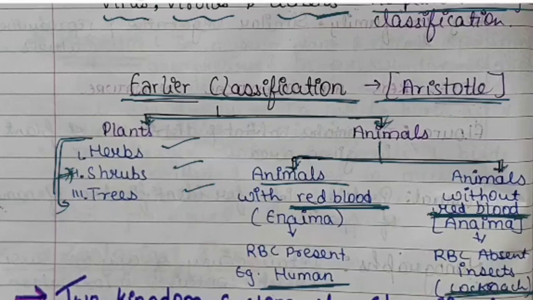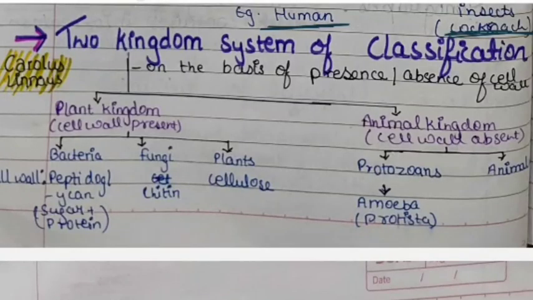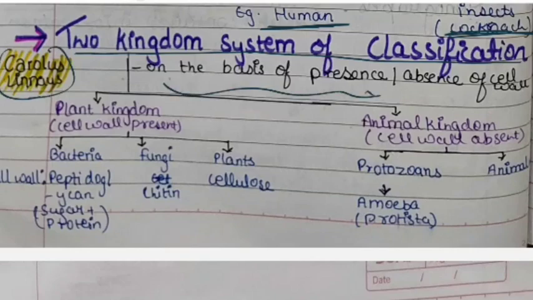Now coming to the next system, that is the two kingdom system of classification, which was given by Carolus Linnaeus on the basis of the presence and absence of the cell wall. It was classified as plant kingdom, which contains cell wall, and animal kingdom, which lacks cell wall.